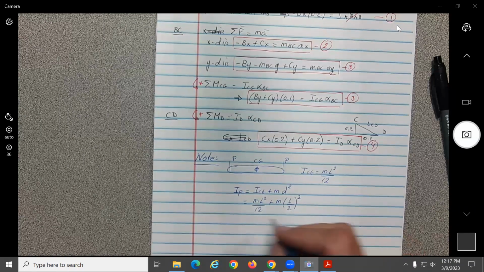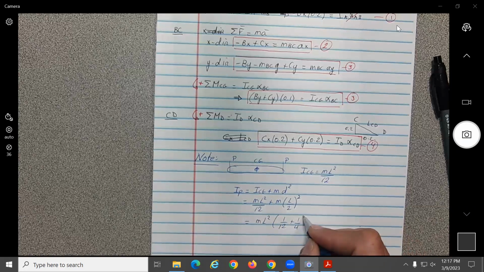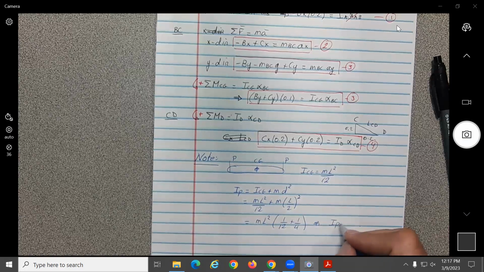So if you do this, you find M L squared times 1/12 plus 1/4, which is going to give you that I_P about the end to be M L squared over 3.